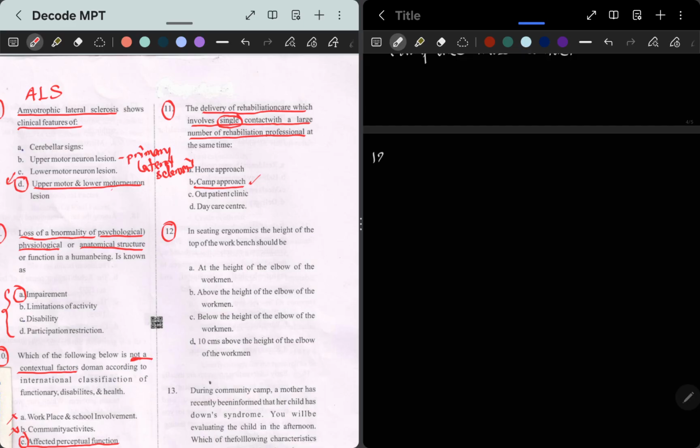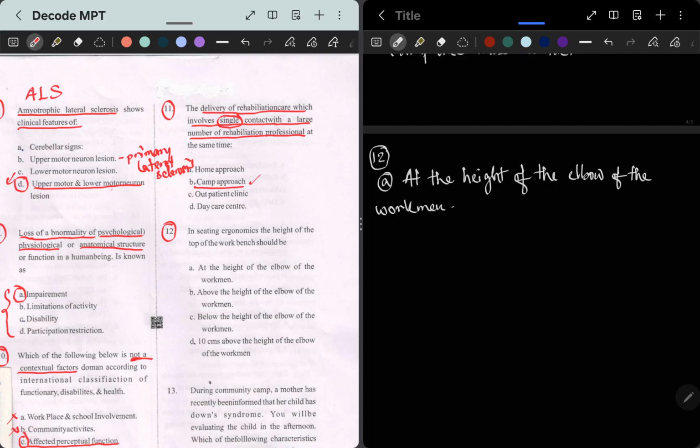Now we'll go to the explanation. The correct answer is number A, at the height of the elbow of the workman.